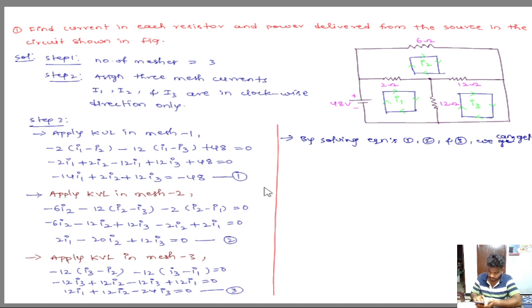Next, equation 3: plus 12 I1 plus 12 I2 minus 24 is equal to 0.